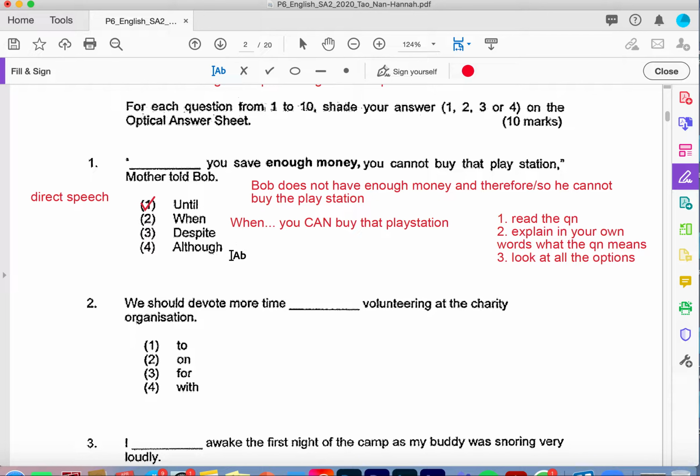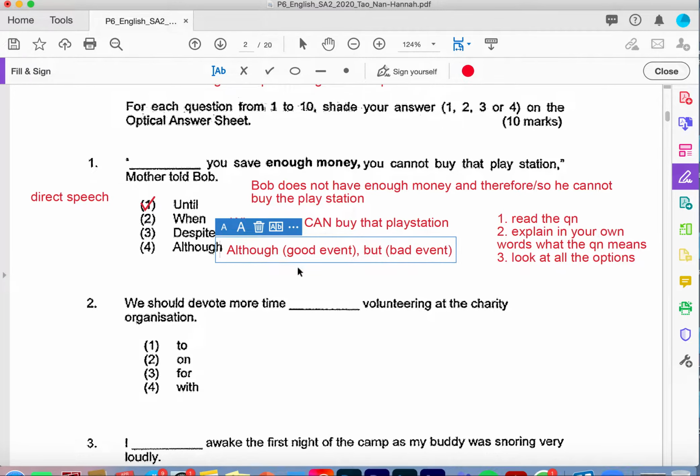Although usually talks about something bad or something good happening. I call this the positive-negative question. So this could be a good event, but a bad event.